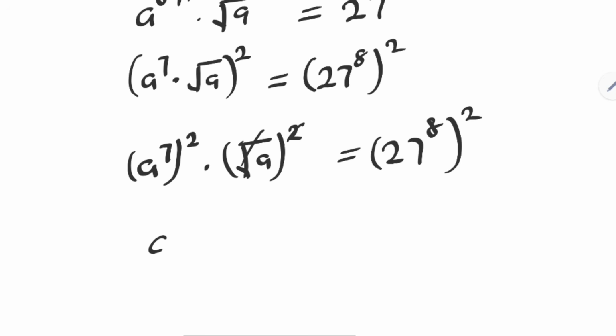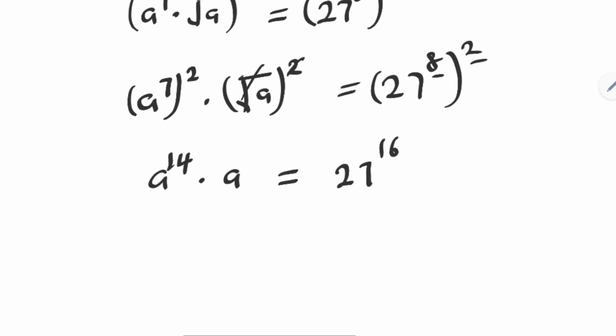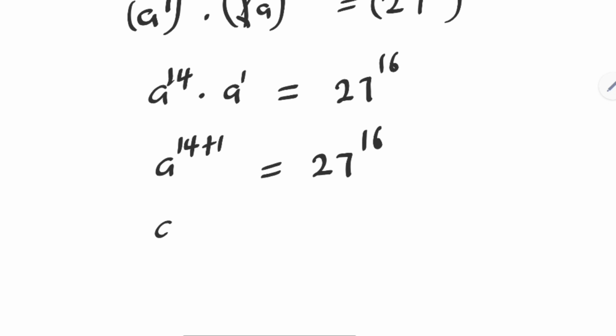We have a raised to power 7 times 2, that is 14, multiplied by a is equal to 27 raised to power 8 multiplied by 2, that is 16. Then here, this is to the power of 1. You have a raised to power 14 plus 1 is equal to 27 raised to power 16. So this is a raised to power 15 is equal to 27 raised to power 16.